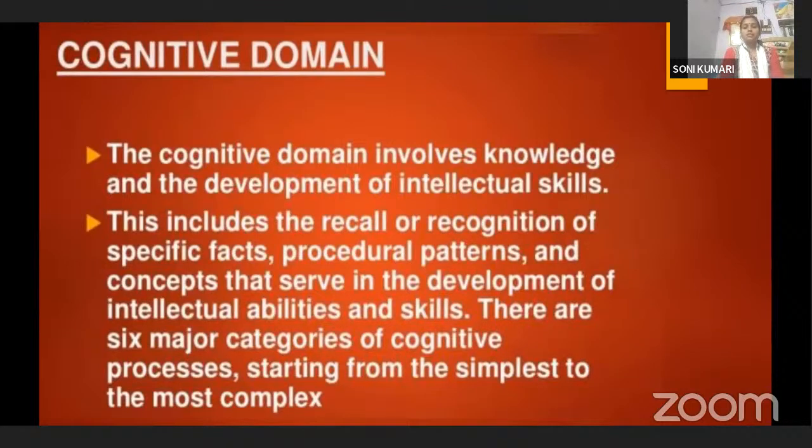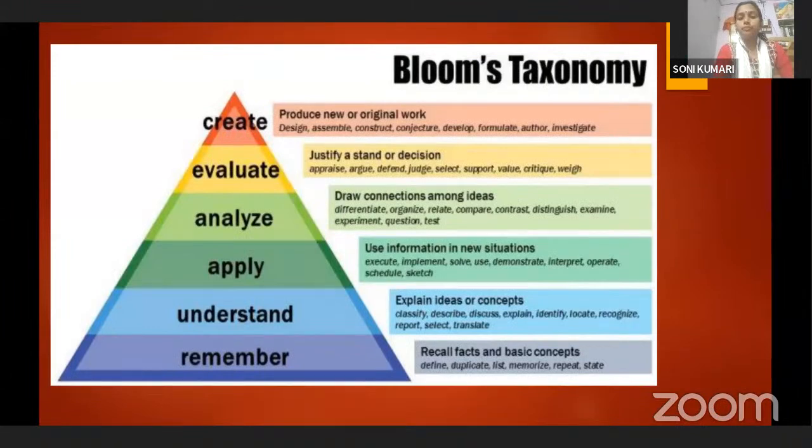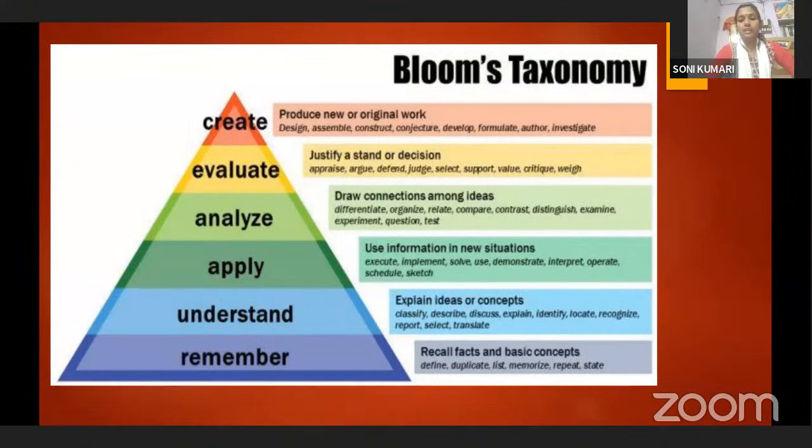In the cognitive domain, there are mainly six major categories of cognitive process, starting from the simplest to the most complex. That is, the levels start from lower to higher levels of knowledge. This is the first Bloom's taxonomy, the cognitive domain hierarchical model.